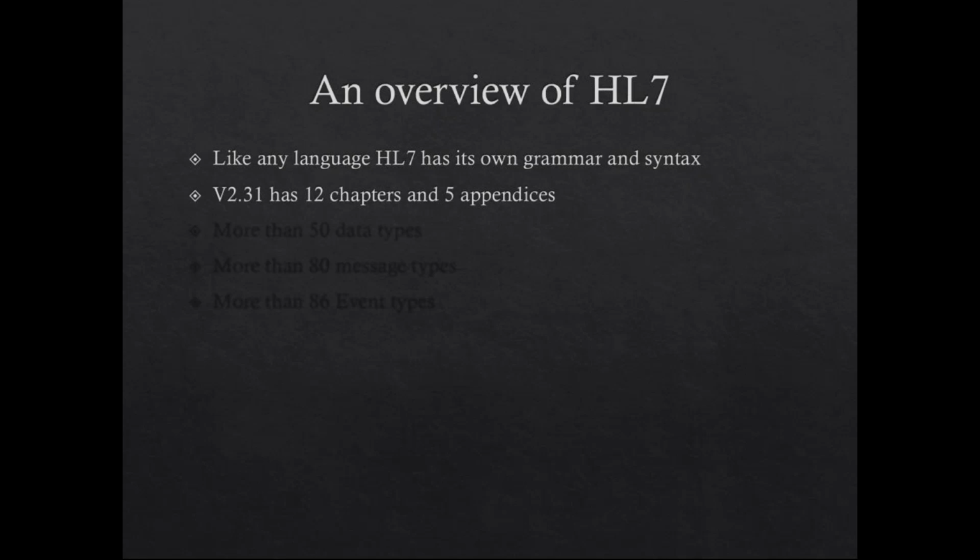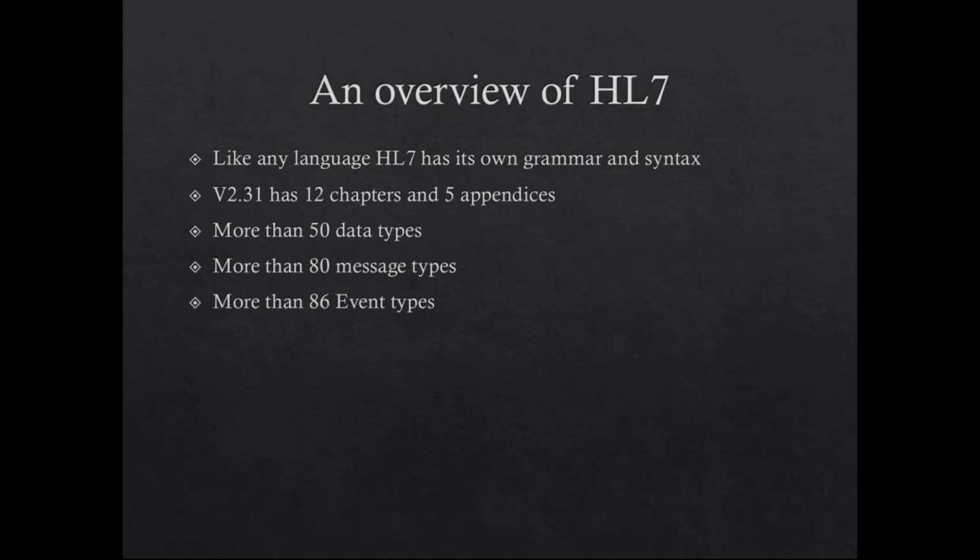But the main difference between these three versions is the addition of a few fields or a few additional components in HL7. Once we discuss the HL7 structure, you will understand what those fields and components are. Basically, there is an enhancement to the existing data types, existing message types, and all.